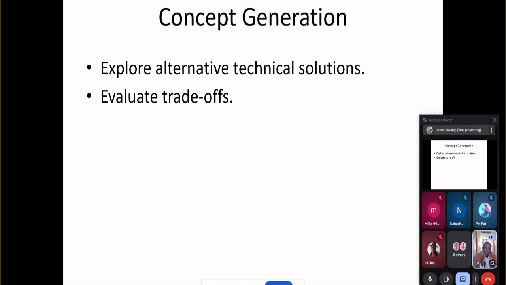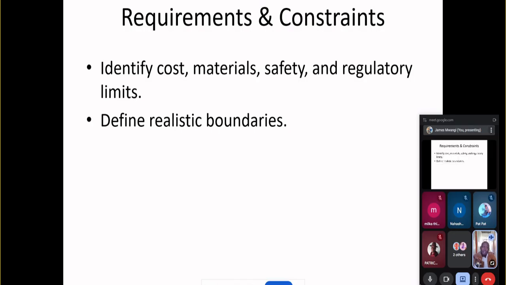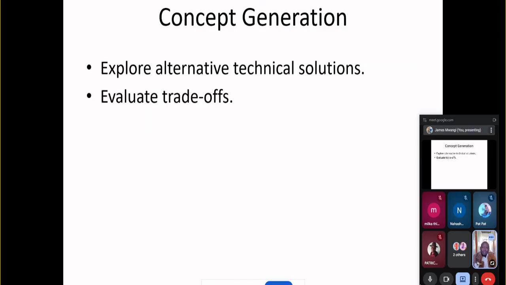In concept generation, once you have defined the problem and looked at requirements and constraints, the third stage is you create a concept. You do this by exploring alternative technical solutions. When you are building this high-rise building, you may use concrete and steel.